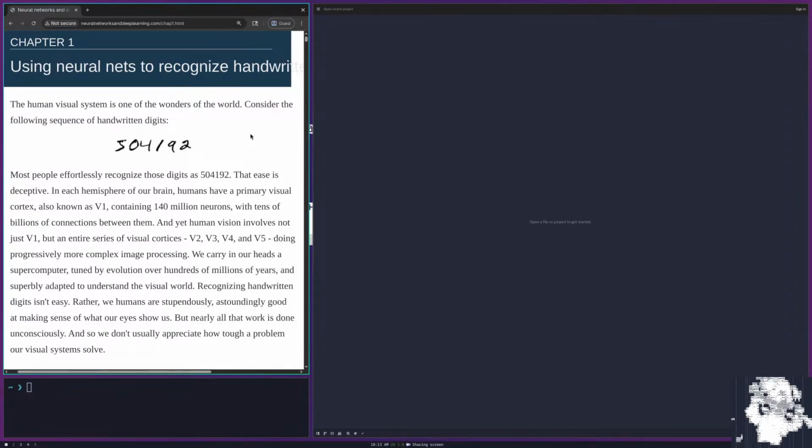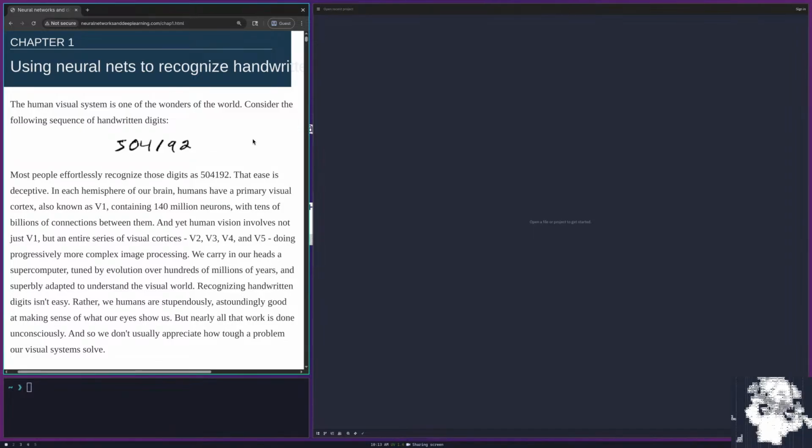But we're going to start with the basics of neural networks. So let's get going. I'm going to just literally read this book. And anytime there's a concept that can be programmed, I'm going to program it.